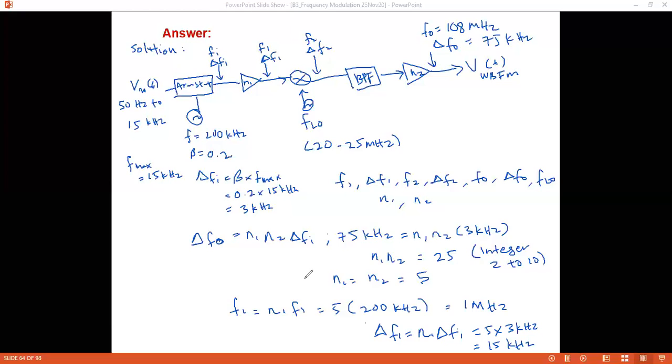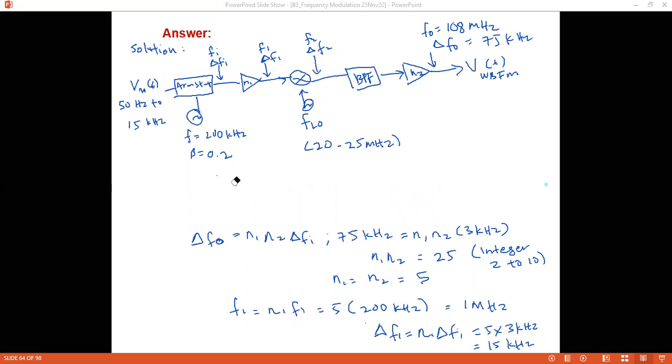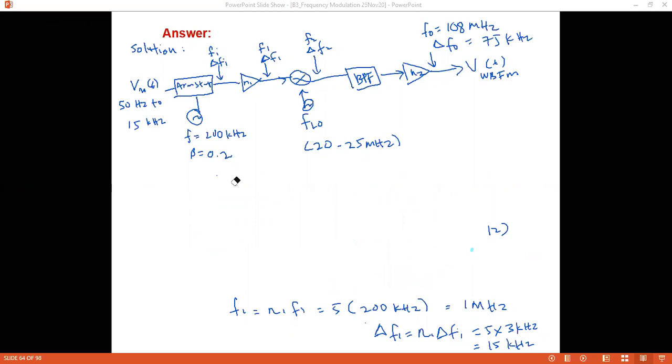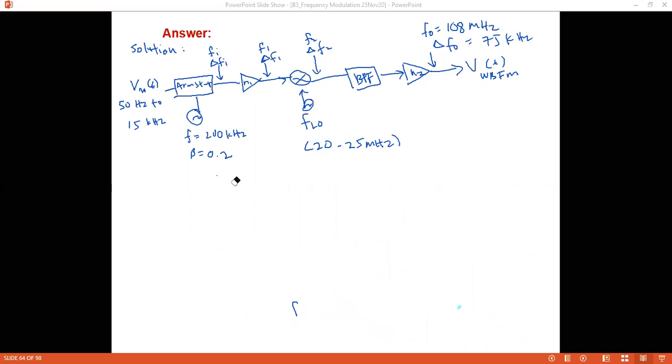So we still have to find the other parameters: F2, delta F2, FLO. So let's solve the rest.